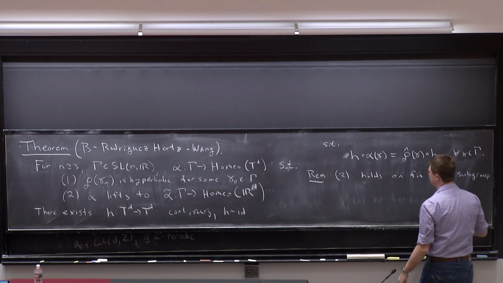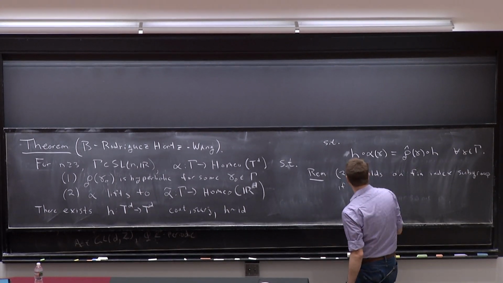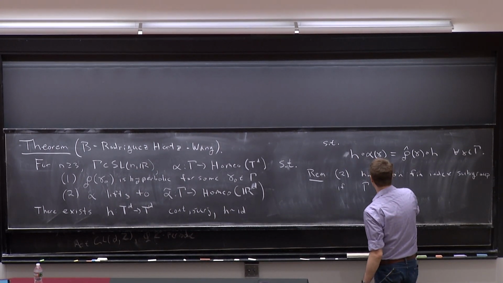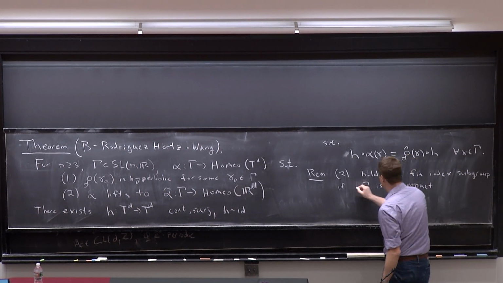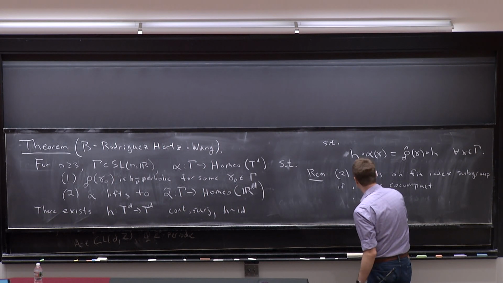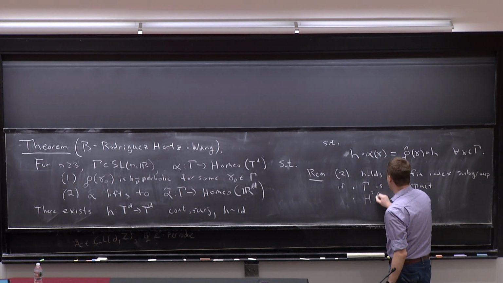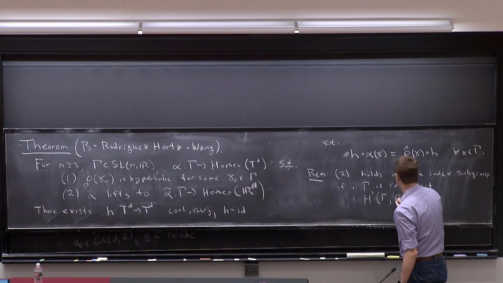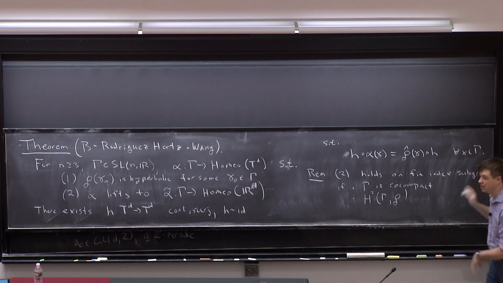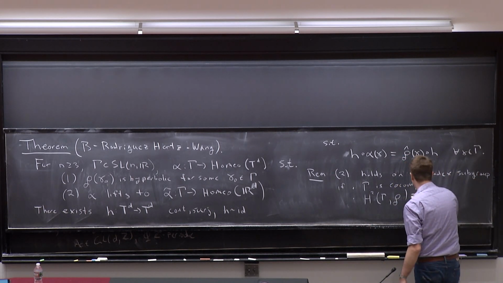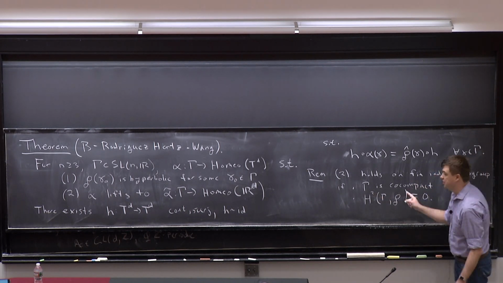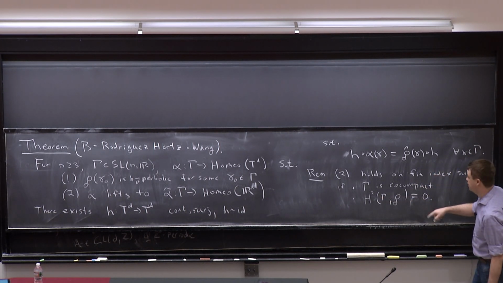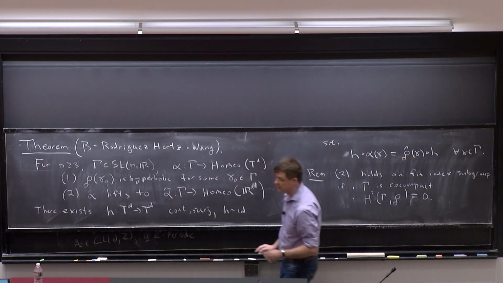So it holds on a finite index subgroup if, for instance, gamma is co-compact. So this is known, and in general, it's some vanishing of H2 with coefficients in rho. Some vanishing of cohomology. So the defect of being able to lift is some element here. So if you know this vanishes, then the lifting automatically holds.